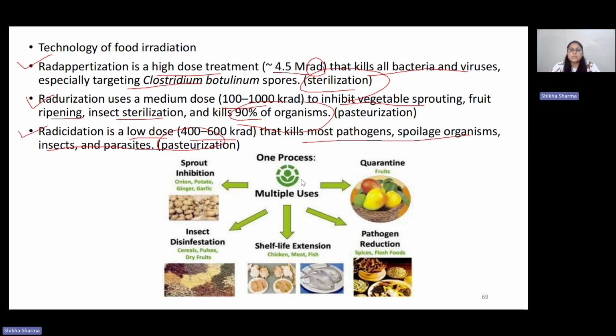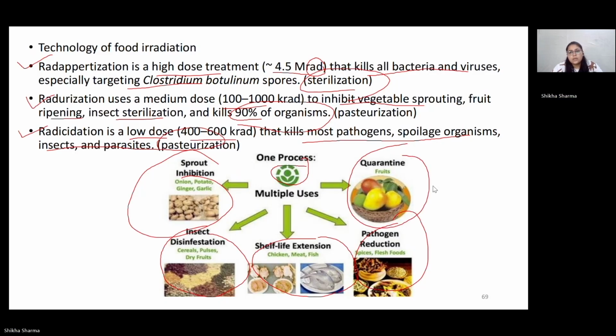When any food is irradiated, this kind of symbol can be seen on the food product. Irradiation can do sprout inhibition, insect disinfection, extension of the shelf life of food products, and pathogen removal, and it helps in quarantine of fruits and increasing their shelf life.